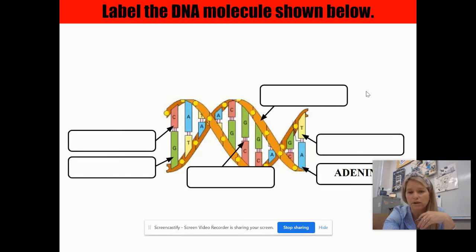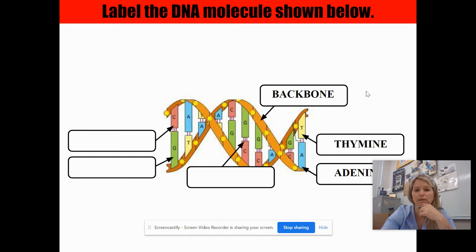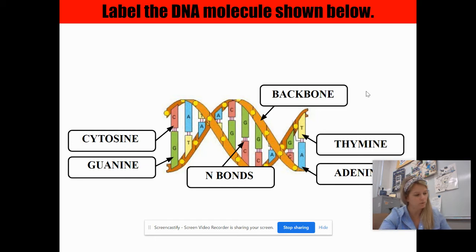And there is our adenine. There's our phosphate backbone. There's our thymine. There's our cytosine. There's our guanine. And nitrogen bonds are in between them. Okay, just wanted to show you the structure of it and talk about that real quick.